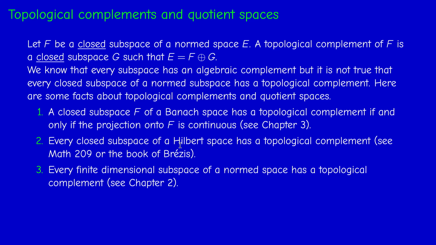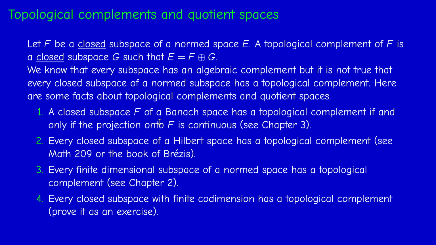And after studying chapter 2, you will be able to prove that every finite dimensional subspace of a normed space has a topological complement. And the fourth result is easy, actually, you can prove it now: every closed subspace with finite codimension has a topological complement.